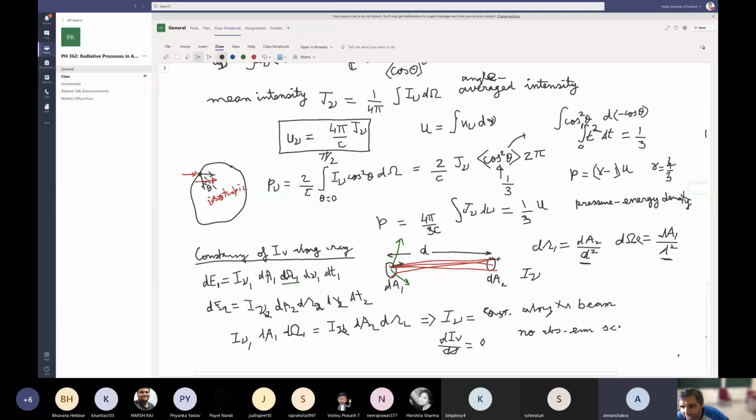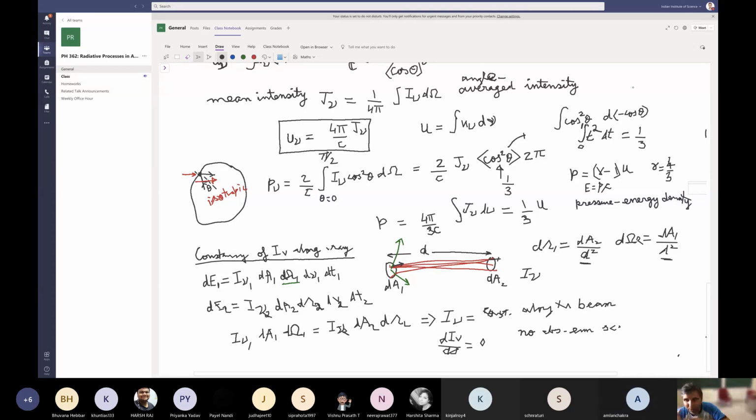See, this gamma 4/3 also comes from kinetic theory, but these are relativistic particles. So E for a particle is equal to Pc, not P square by 2m. Because of that, some extra freedom is coming.